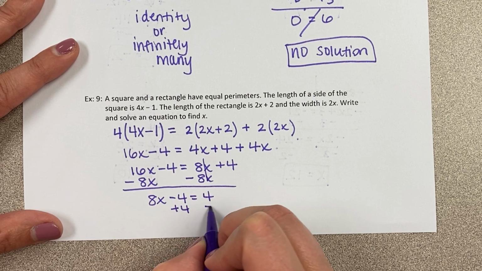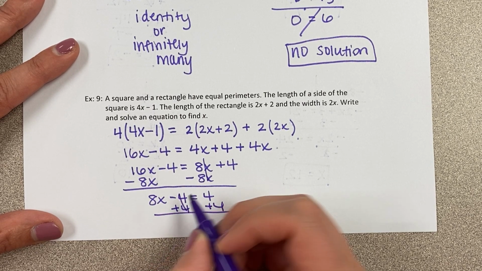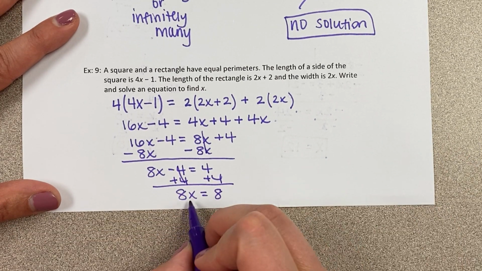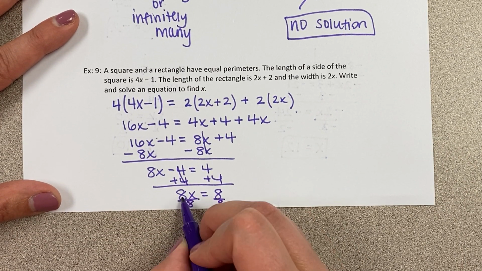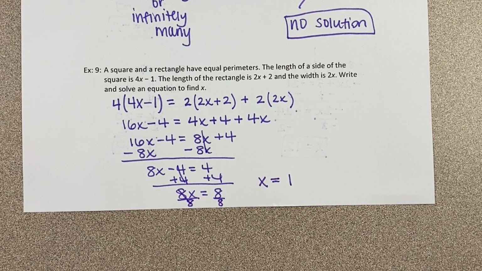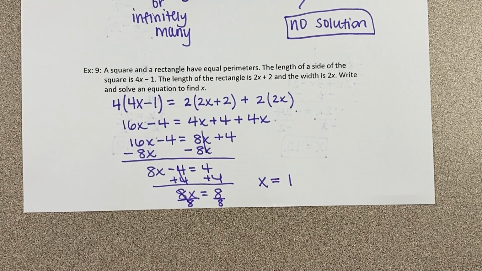Add my 4 to the other side. 8x equals 8. Divide by 8. X equals 1. So we were trying to find what x meant in the whole equation. It was equal to 1.